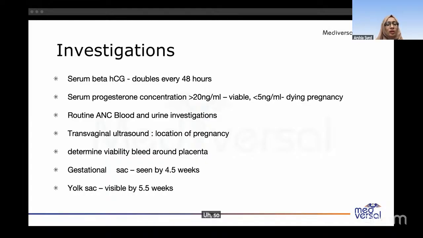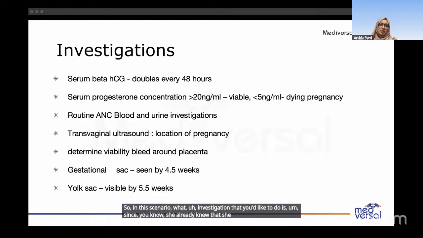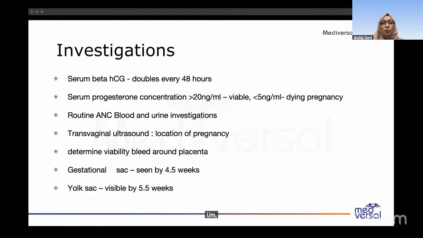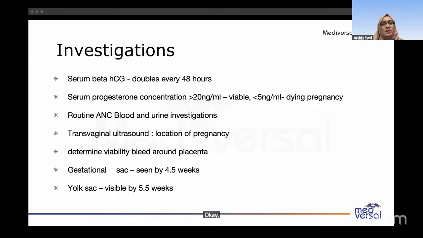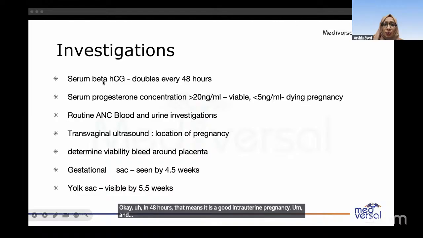In this scenario, what investigation would you like to do? Since she already knew that she was UPT positive, and the pregnancy was confirmed by transvaginal ultrasound, at this point what you will see is beta HCG. As we discussed, if it has doubled in 48 hours, that means it is a good intrauterine pregnancy, and this is routinely done.